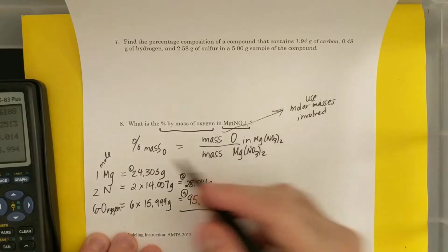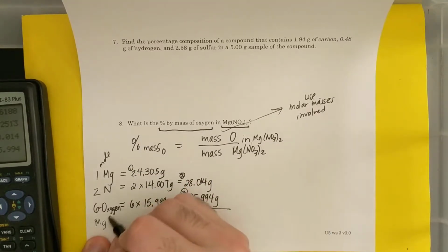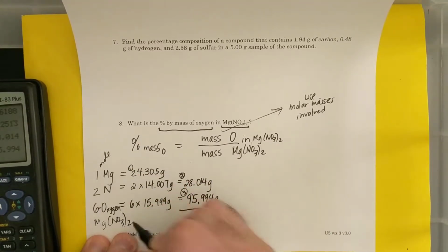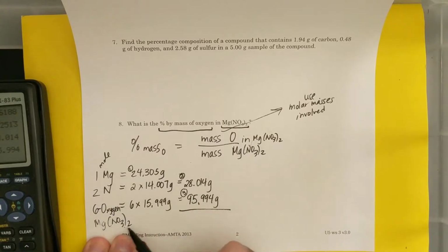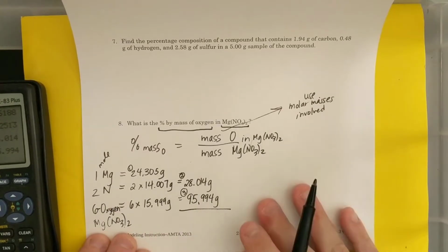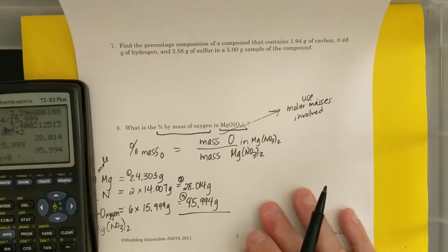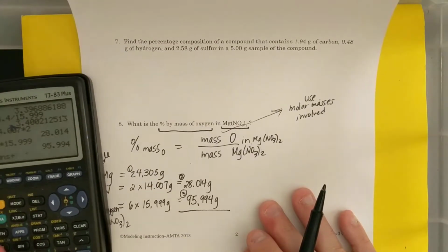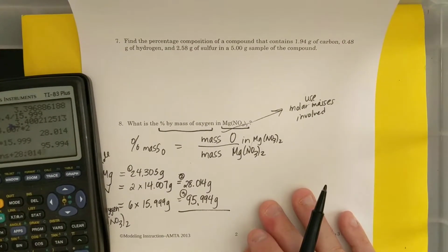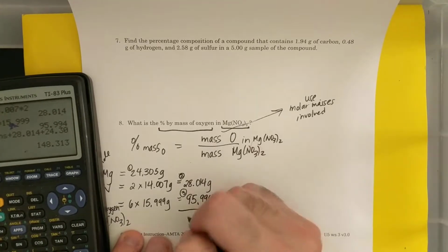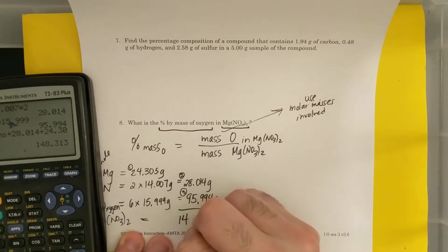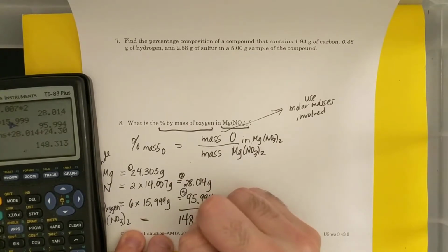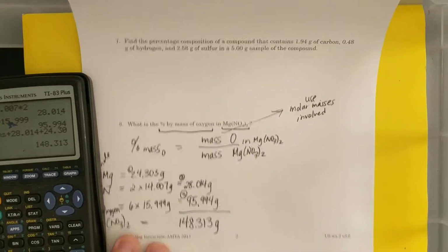If I add all of these up, this is going to be my molar mass of the magnesium nitrate, right? Because MgNO3 has 1 magnesium, 2 nitrogens, 6 oxygens. Remember how to do molar mass. So I'm going to add these all together. 95.994 plus 28.014 plus 24.305. And I get a molar mass of 148.313 grams.